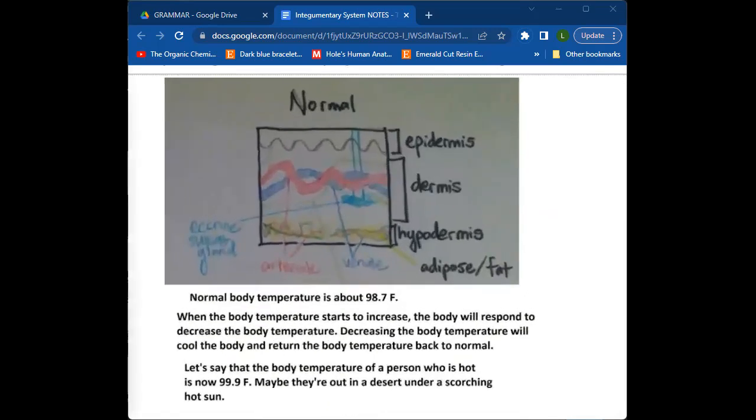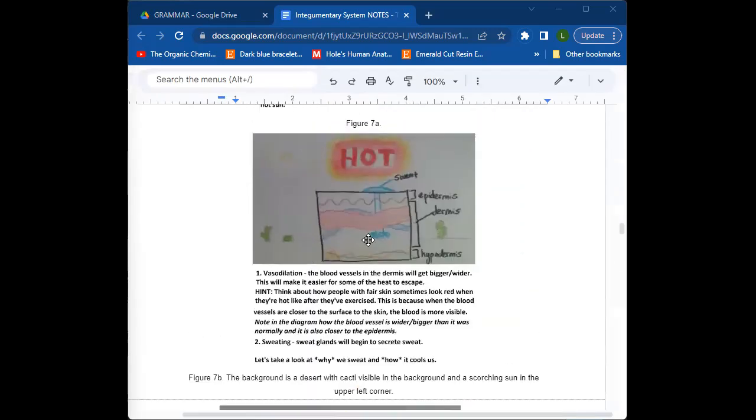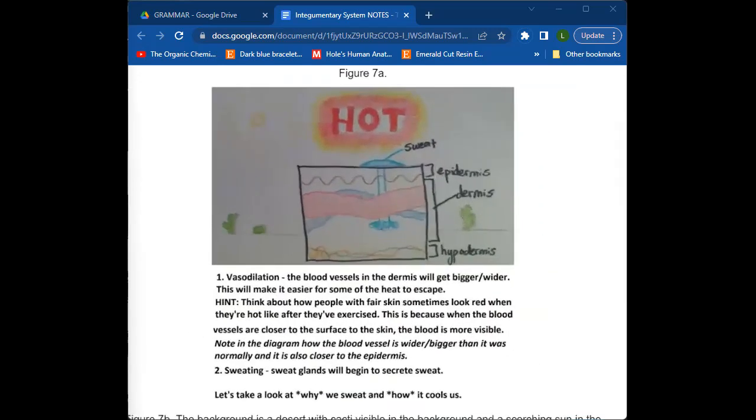So, for example, normal body temperature, when it starts to increase above normal, so the body starts to become too warm, then the body's response is going to be trying to decrease the body temperature back down to normal. So, in order to do that, the body will respond in two ways. There's going to be vasodilation and then sweating.